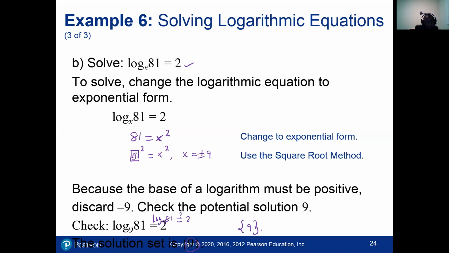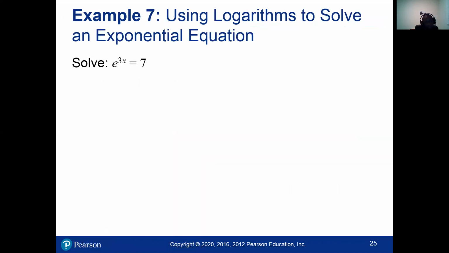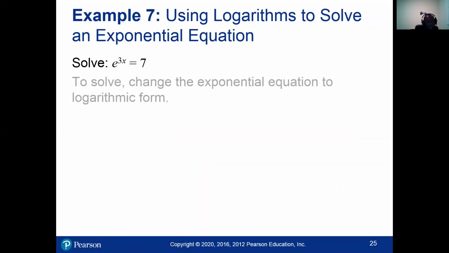Okay, and then finally, we want to solve the equation e raised to 3x is equal to 7. Now, again, we change it. This time it's in exponential form and you want to get it in logarithmic form.